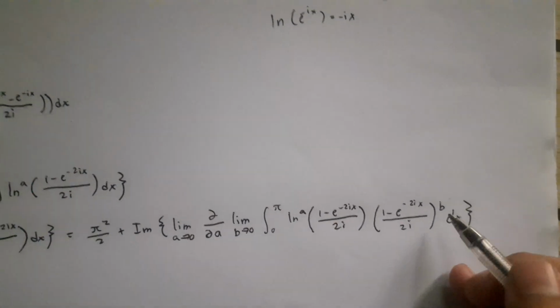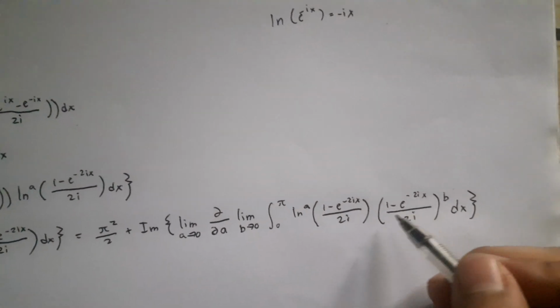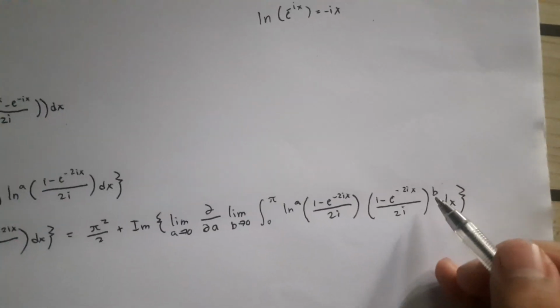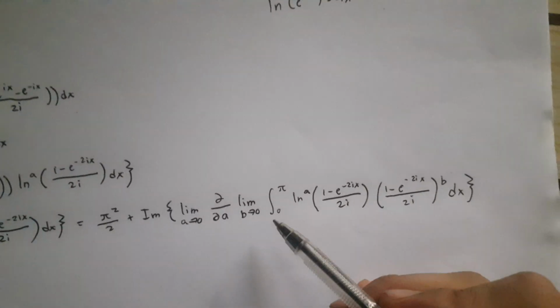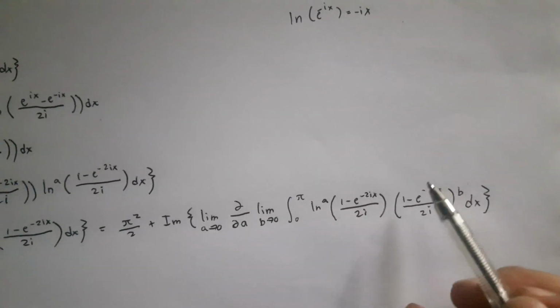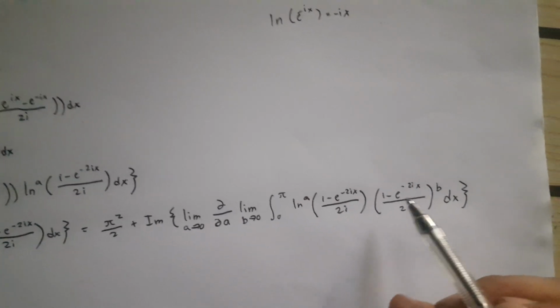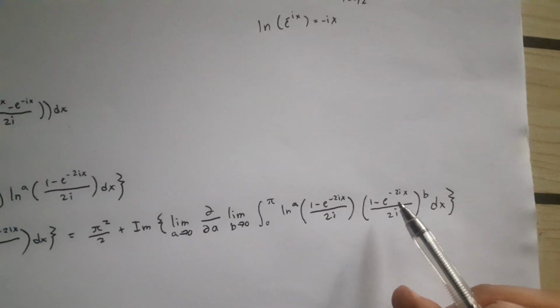This is our new expression, introduced with a new variable b. Notice also that as b approaches 0, this becomes 1, so this is also a valid step.